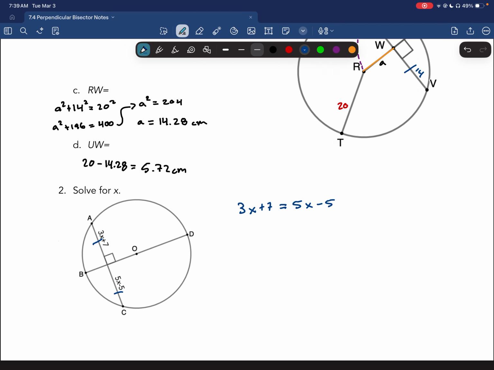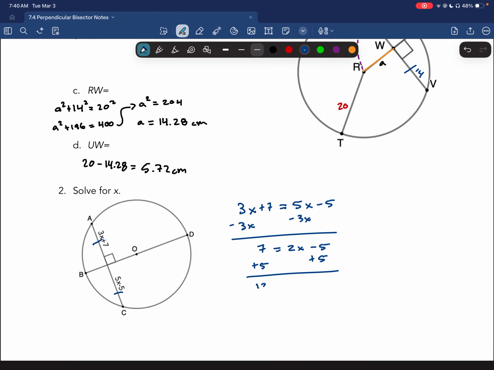Okay, and now I'm just going to solve for x. So my first problem, I've got an x on both sides. Got to get rid of one of them. So I'm going to subtract 3x from both sides. When I subtract 3x from both sides, I get 7 is equal to 2x minus 5. Okay, now I'm trying to get x all by itself. So first I'm going to get rid of this minus 5. I'm going to add 5 to both sides.